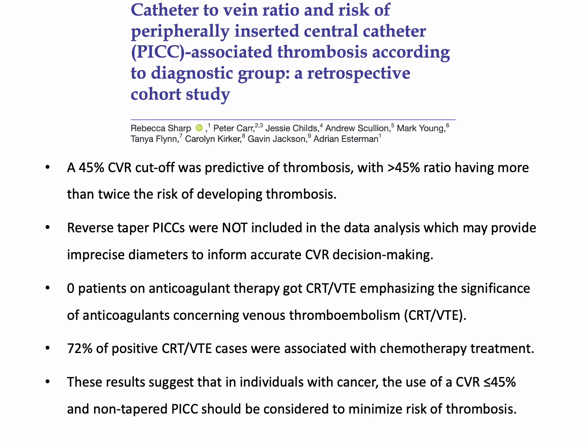And that's maintaining a less than 45% catheter vessel ratio, the smaller the better, and using smaller external diameters of catheters. And that means using either a single lumen catheter over a double lumen catheter, depending on the type of therapy that needs to be administered, or making sure that we're choosing the most appropriate device based on vessel size and catheter availability for the type of treatment that is required.